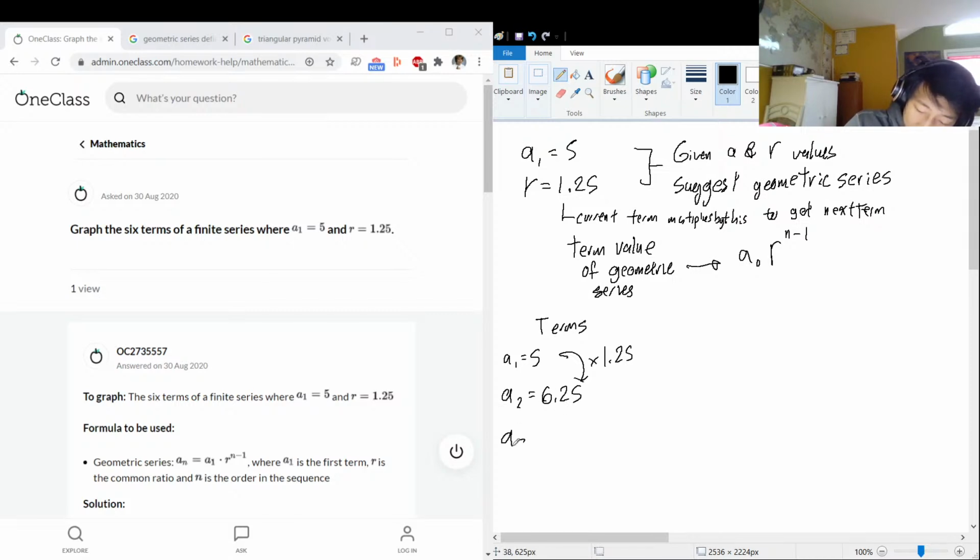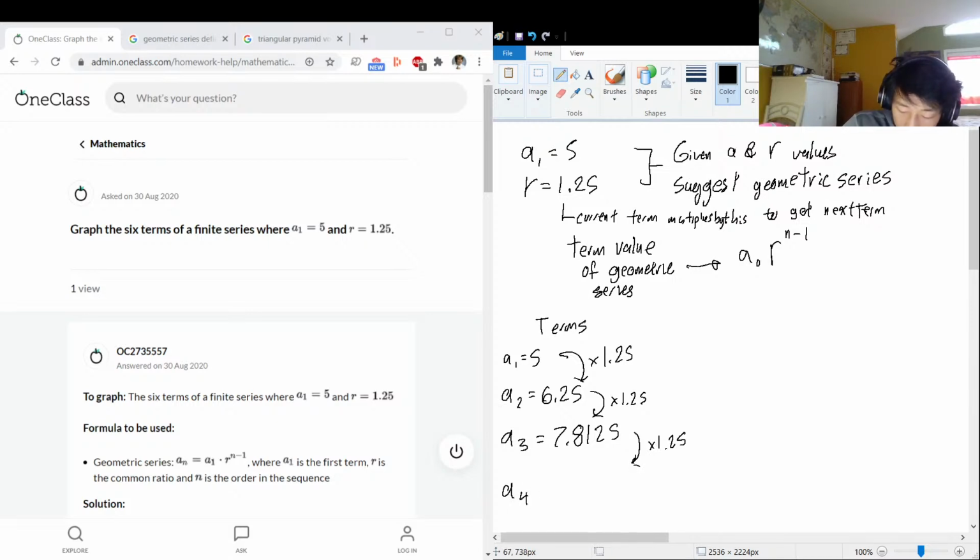Always trust the calculator. Okay, now if we multiply that by 1.25 again, 6.25 times 1.25, 7.8125. Okay, multiply by 1.25 again.